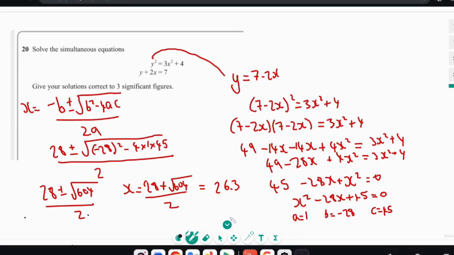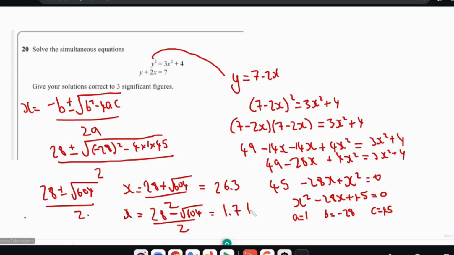And the other answer is 28 minus root 604 all over 2, which is 1.71. So these are both the x values. We also need to find the y values.